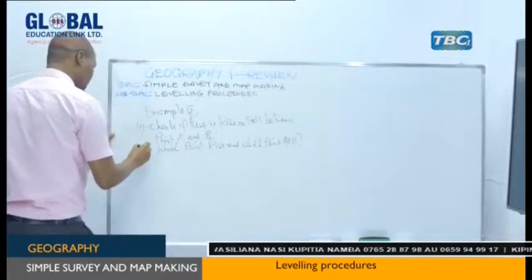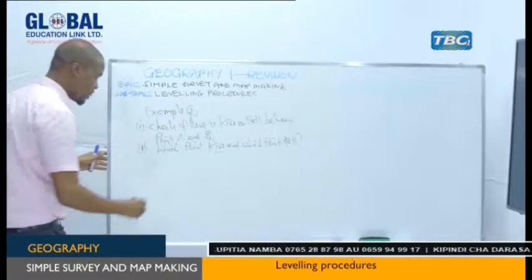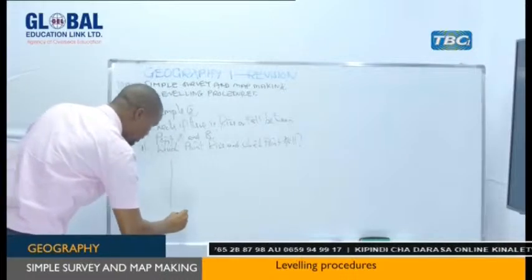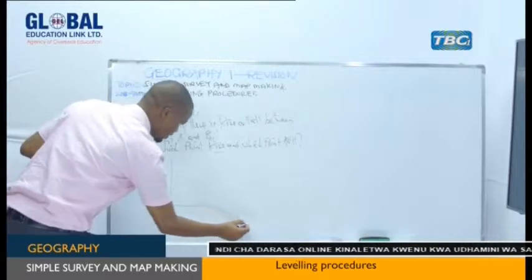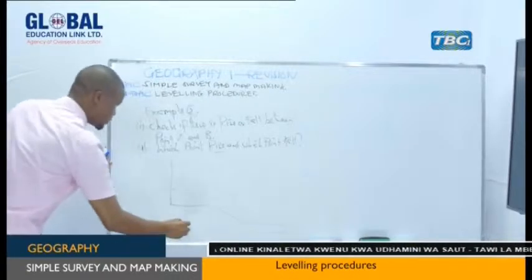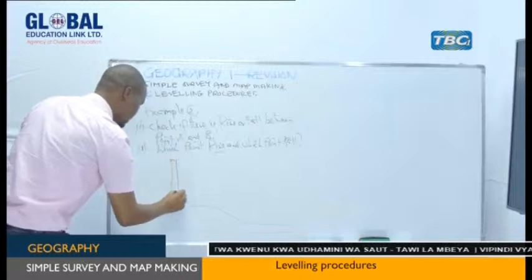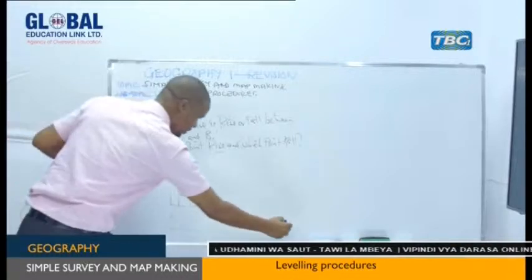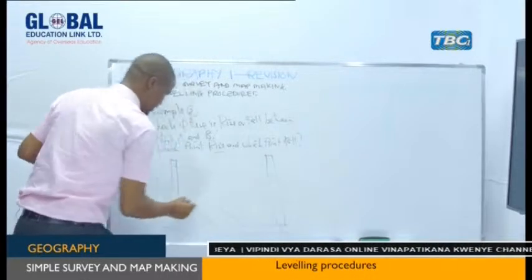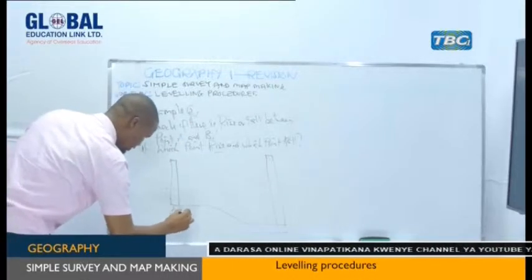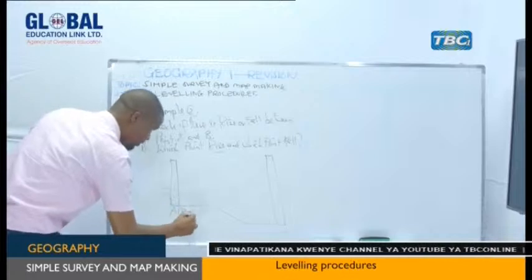Let's take this one as the first question, this one is the second question. Then let's say we have our diagram, this one. See, tap, like this one. Then we have the staff reading, the leveling staff. Then we have another leveling staff there. This is point A, let's say is 80 meter.